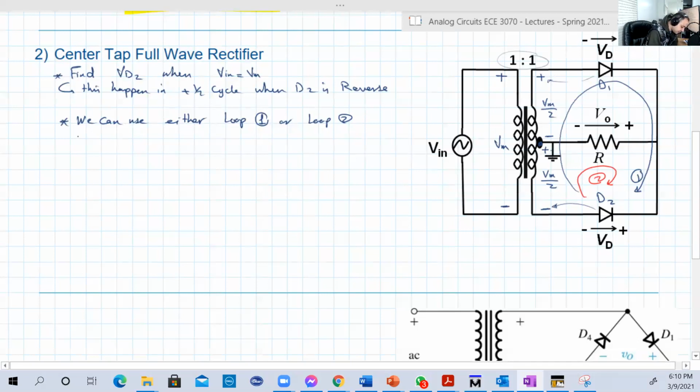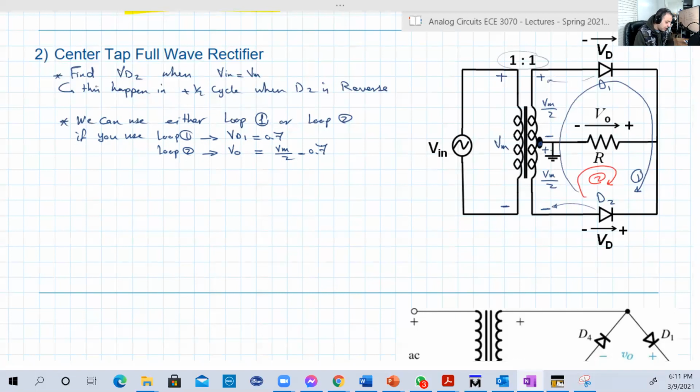So if you use loop 1, then we're gonna use VD1, which is 0.7. If we use loop 2, we're gonna need V output, which will be Vmax over 2 minus 0.7. Okay. So that's basically, you can use either one of them.